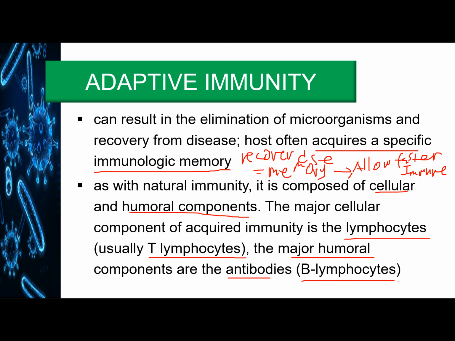Please take note of this, class. Let me emphasize that: the major cellular component of acquired immunity is the T cell, while the major humoral component are the antibodies or the B cells. B cells or antibodies are acceptable.